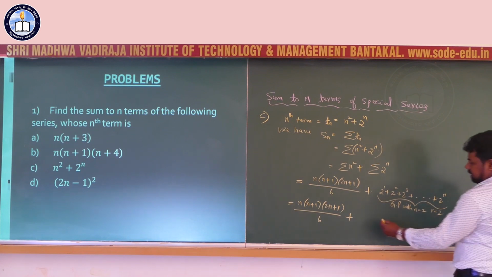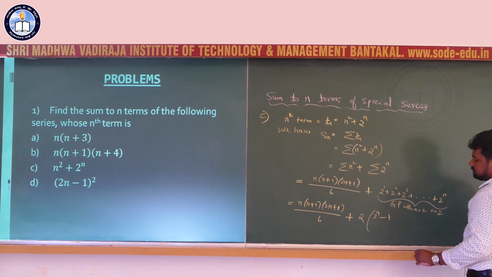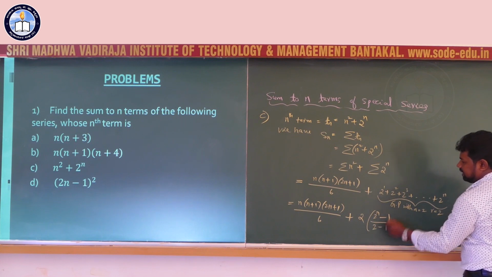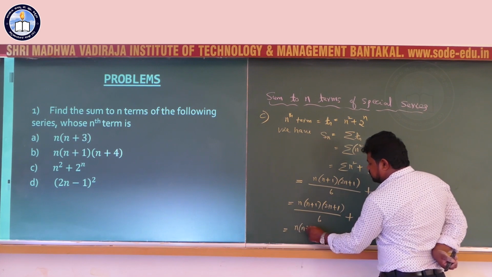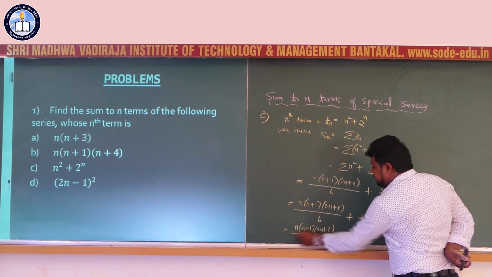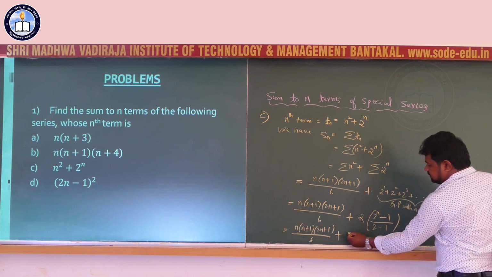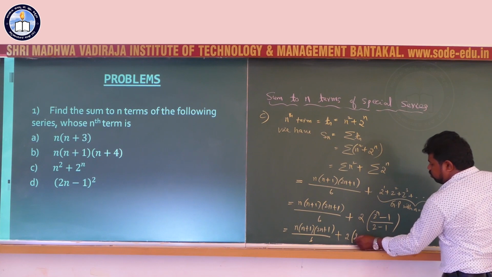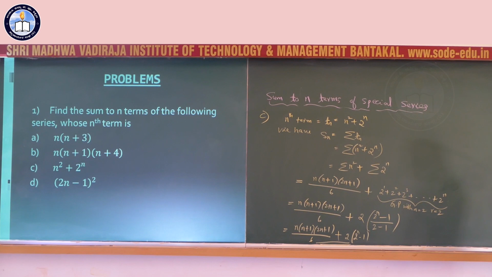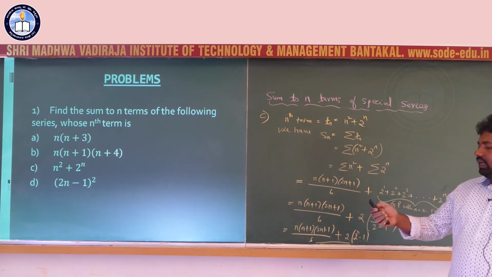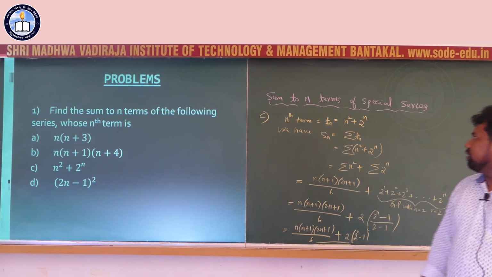I apply the formula here, 2 into 2 power n minus 1 by 2 minus 1, that is equal to n into n plus 1 into 2n plus 1 by 6 plus 2 into 2 power n minus 1, that is enough. That is the sum to n terms of the series whose nth term is n square plus 2 power n.